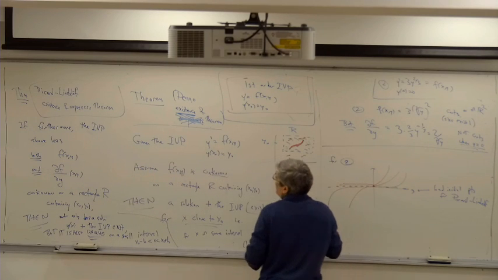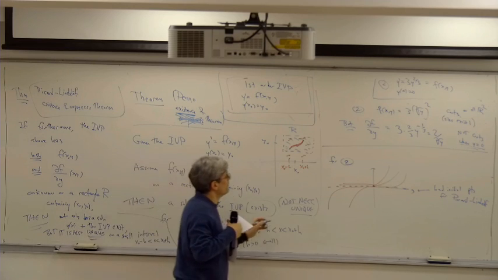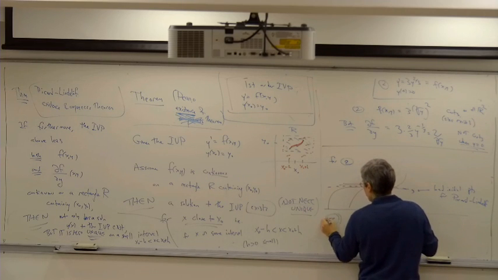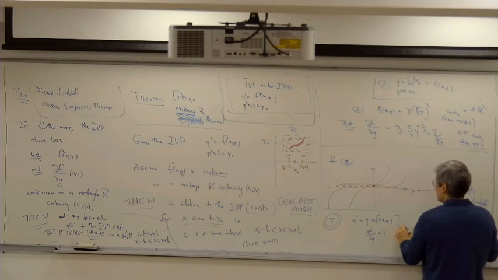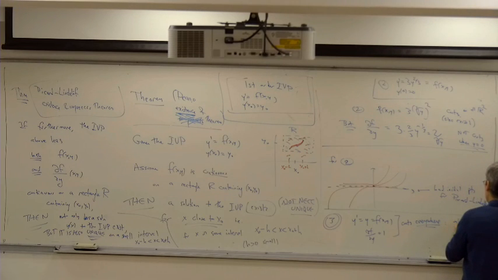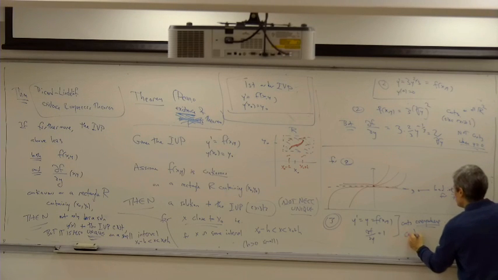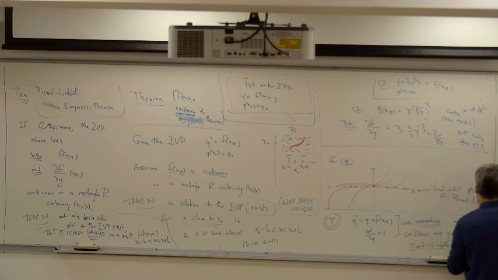Okay. On the other hand, for 3, we have y prime equals y, which is f of x, y, and df/dy is 1. These are continuous everywhere, so all initial conditions are good for Picard-Lindelof, and you always get a unique solution.